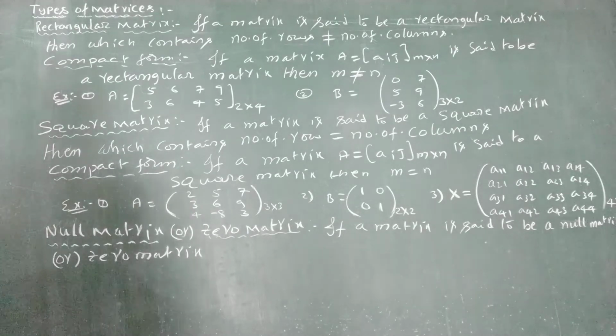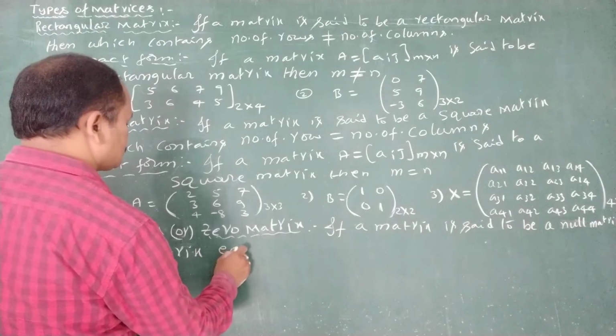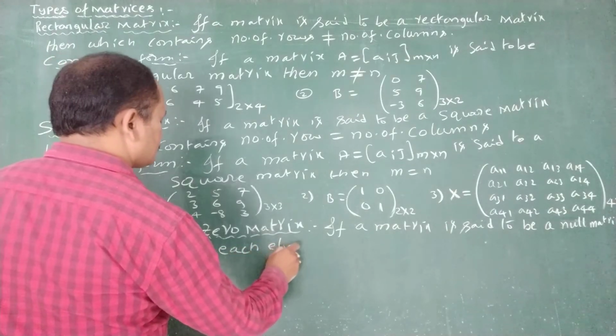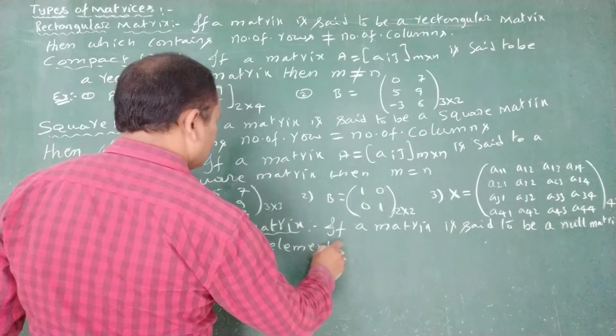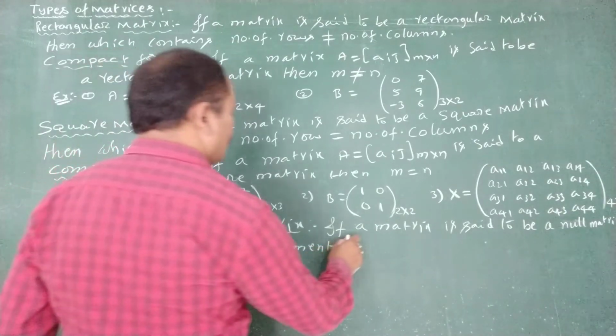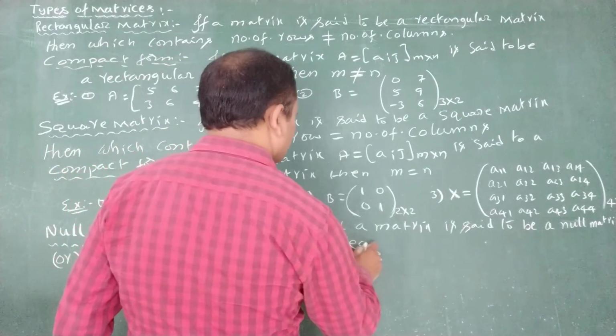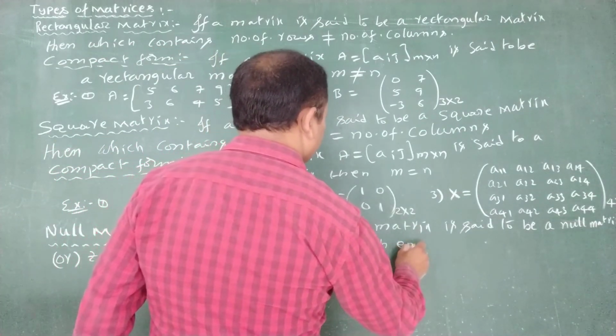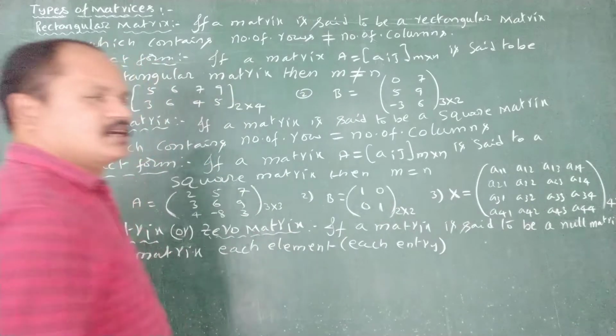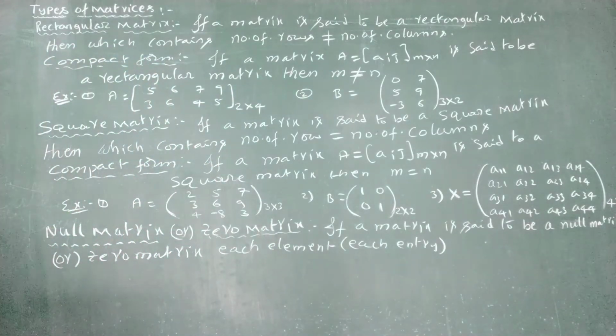each element, or in bracket each entry or each element, is 0 in the matrix.